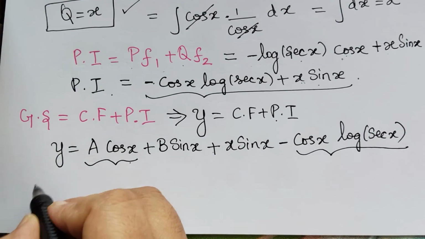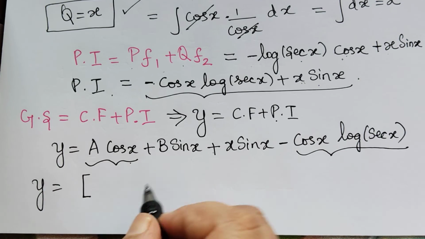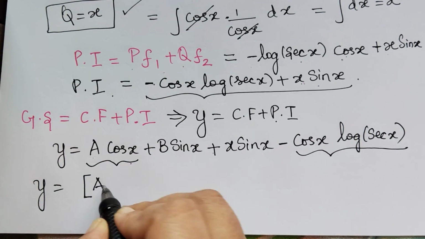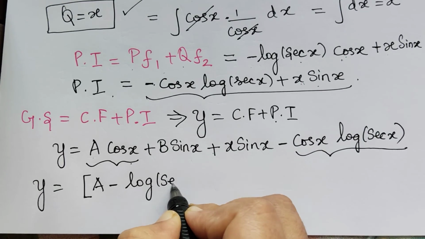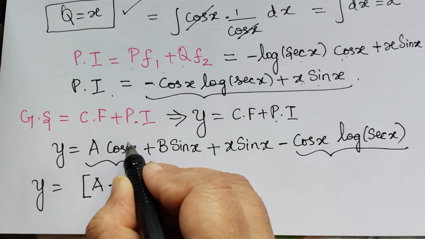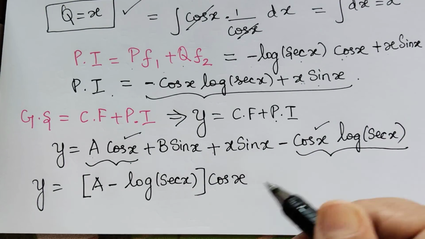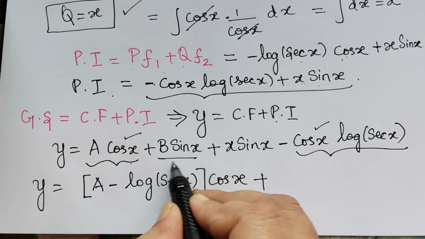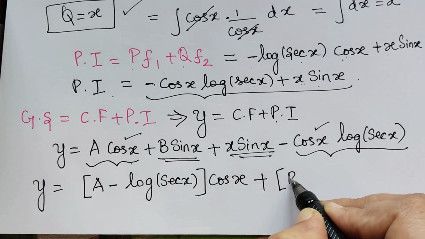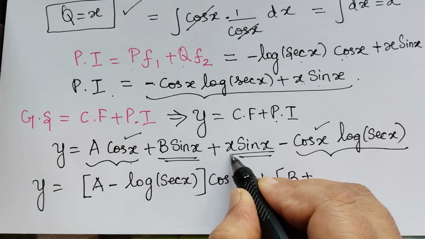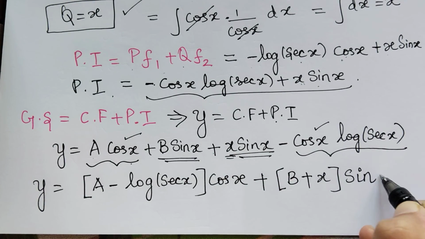So we will be obtaining y to be equal to, so within the bracket we will have here a, and here we will have minus log of secant x, because we are taking this cos x and this cos x is in common. So cos x plus, now in these two terms we can take sin x as common. So we will be having b plus this x multiplied with the common sin x.